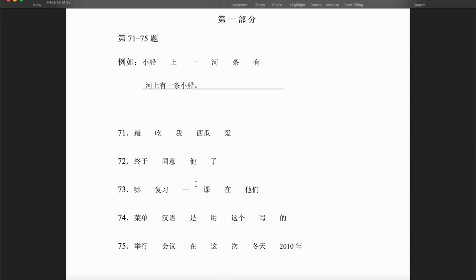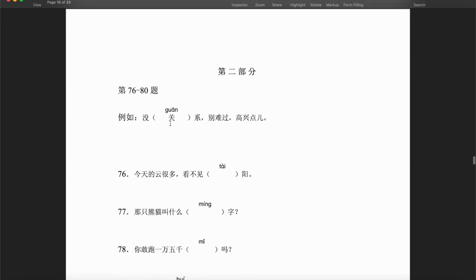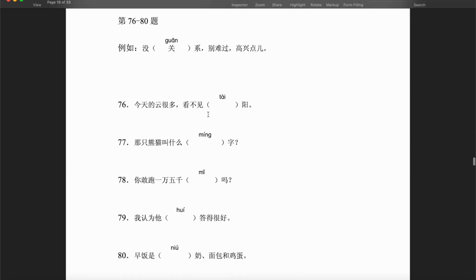That was the first section of writing. The second section of writing is they have given a complete sentence, but one of the words they have written in pinyin. So here you can see the pinyin. Now you have to write the character for that.